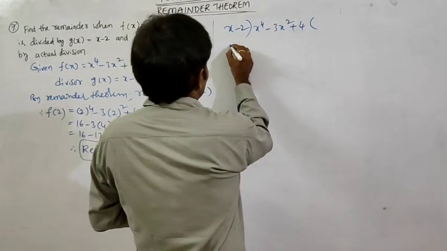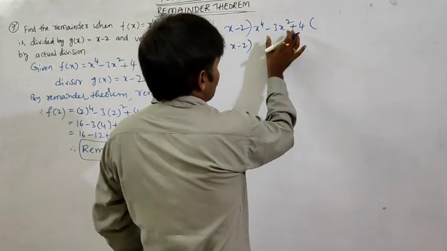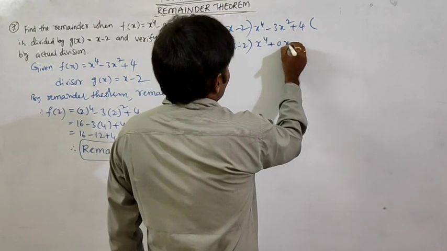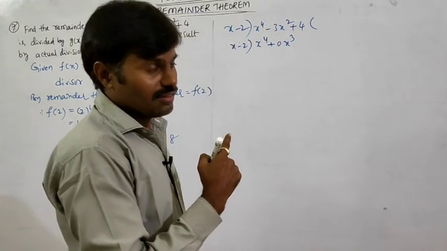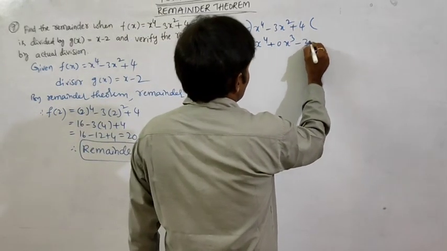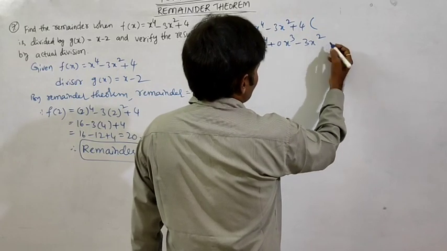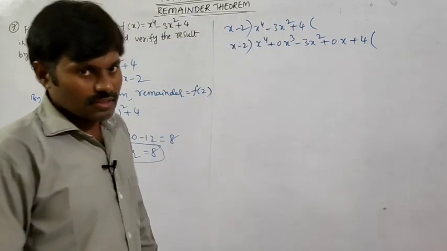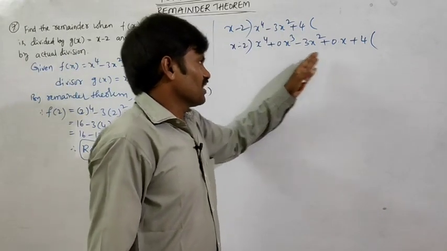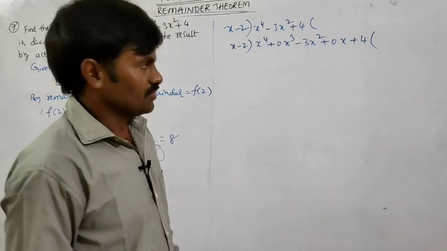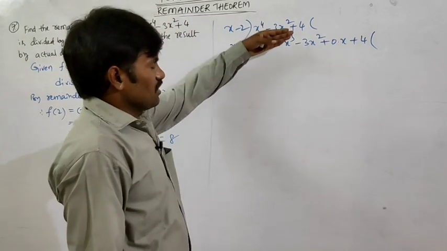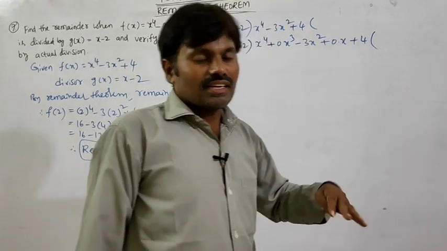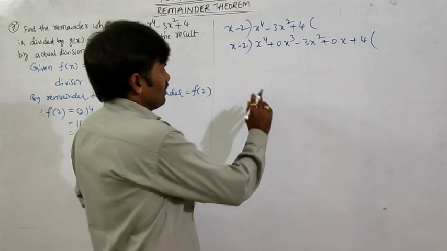I am rewriting the polynomial like this: x power 4 plus 0 into x cube minus 3x square, plus 0 into x plus 4. Instead of 0 into x cube and 0 into x, you can also write 0, 0. This change is only to avoid confusion.